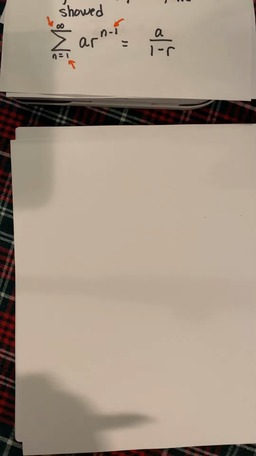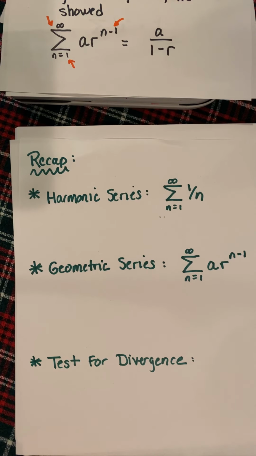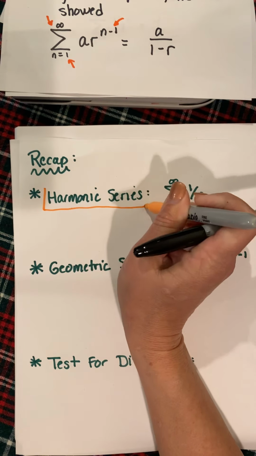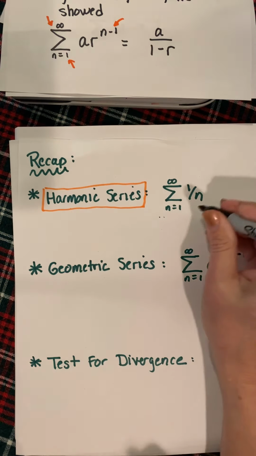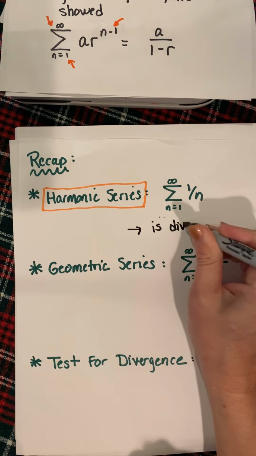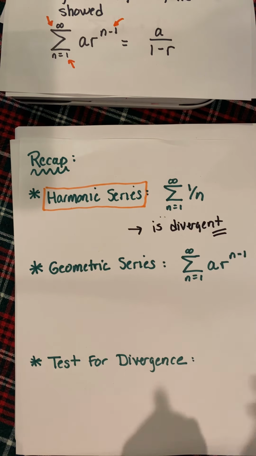All right, so what we talked about: the harmonic series. We'll refer back to this. We're going to use this in future tests. Harmonic series, 1 over n, and we know that this is divergent. We saw geometric series.